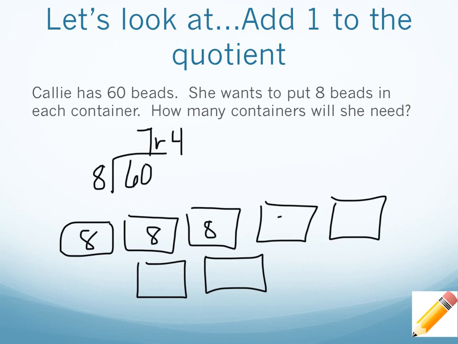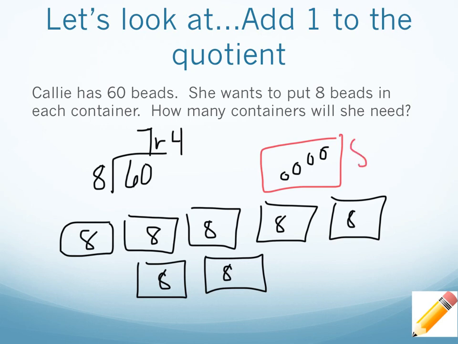Since 7 times 8 is only 56, Callie has 4 additional beads that are not in a container. Since she won't want to lose those 4 beads, they'll also go in a container. And in this case, Callie will actually need 8 containers.